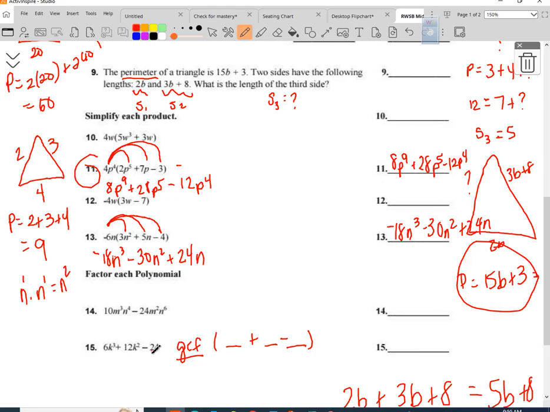What do all three of these terms have in common? Do they have a numerical factor in common? 6, 12, and 24. What do you think it might be?